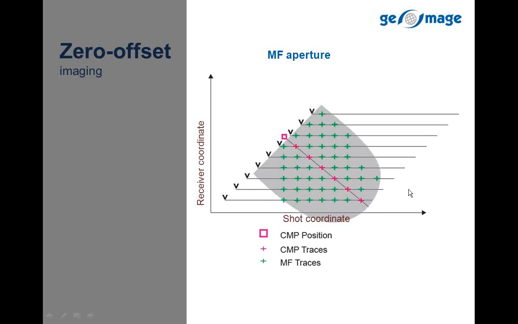We stack them coherently into the CMP position, instead of stacking only the few traces which belong to the CMP geometry configuration. Of course, stacking more traces leads to an increase in signal-to-noise ratio and stacking power.